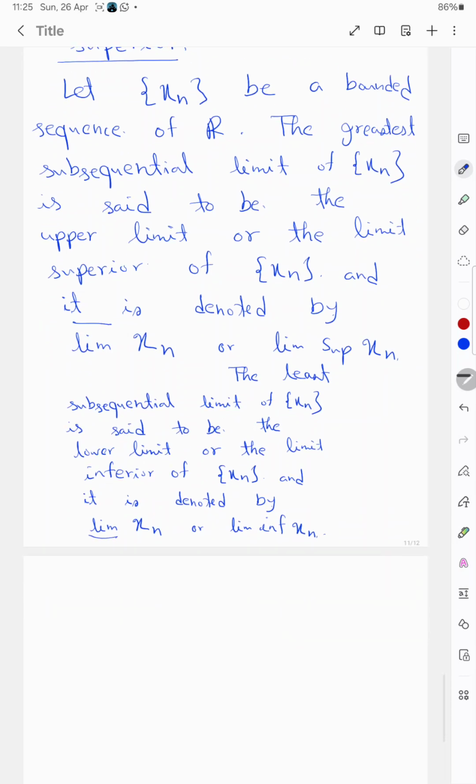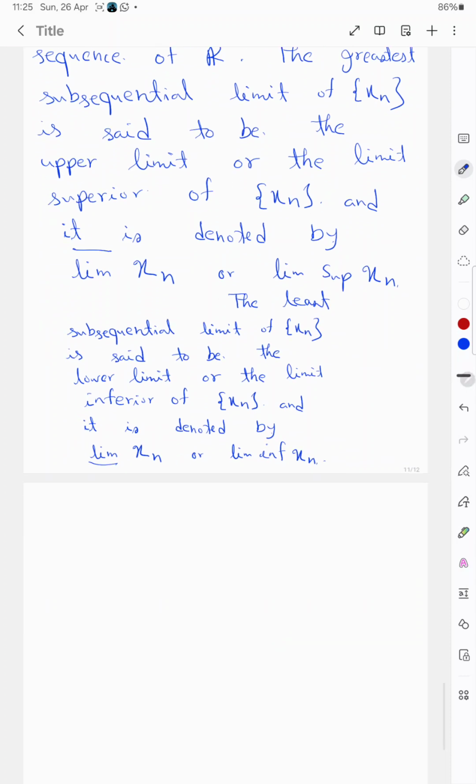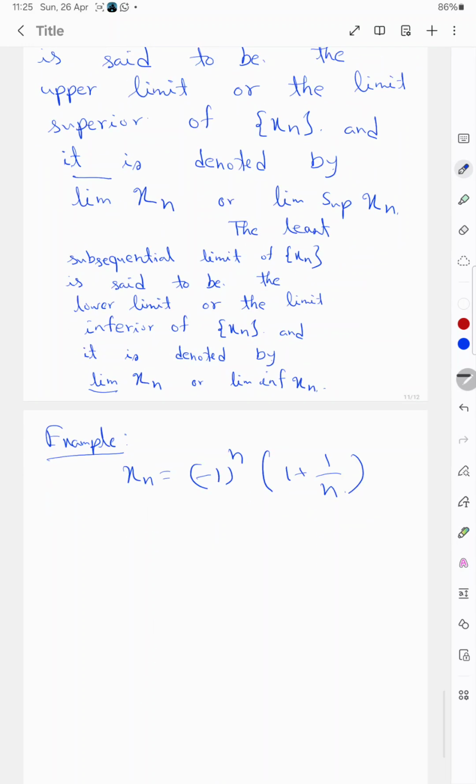Now suppose you have some sequence, for example, (-1)^n (1 + 1/n). If you think about what the limit of that is, you see this will be positive if n is an even number, so from there it is clear that the upper limit will be 1.